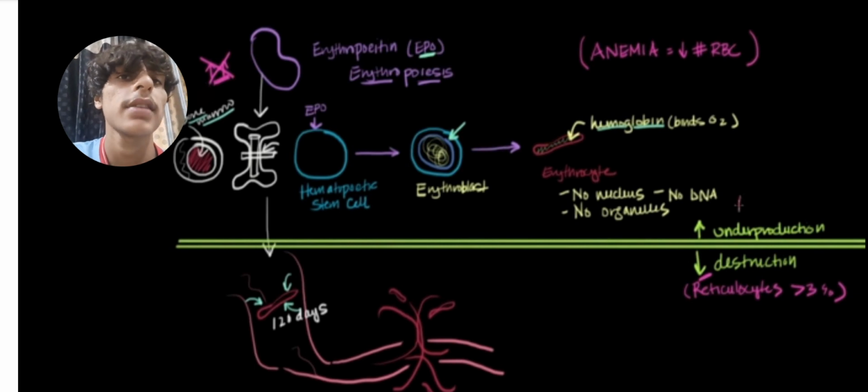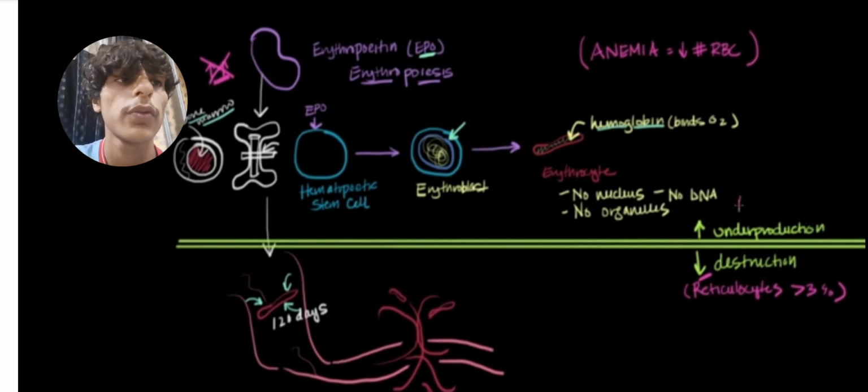Now what happens in anemia? When anemia is caused, that is the pathophysiology. Let us discuss. In anemia there is a lack of RBC. It can be in two ways: first, due to underproduction, or second, due to destruction of RBC.